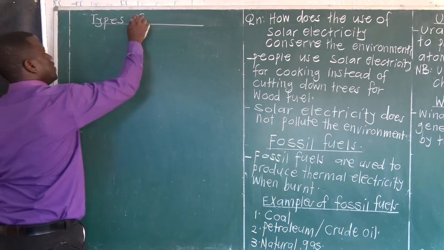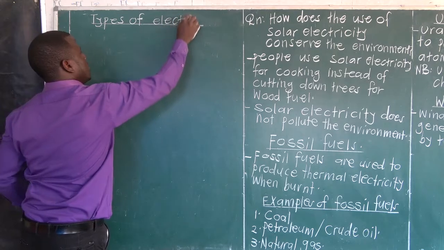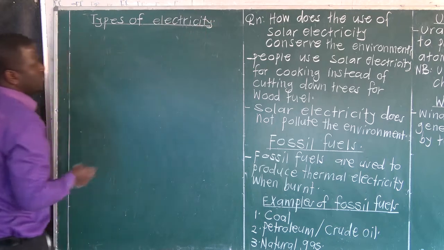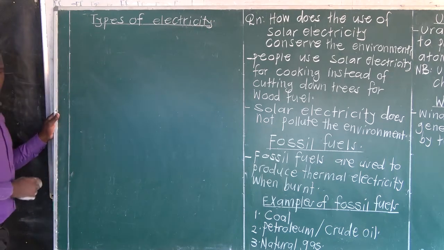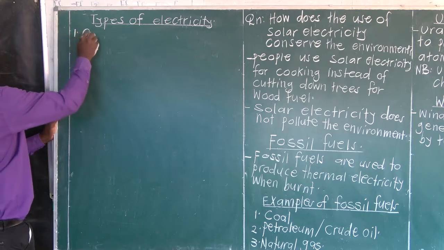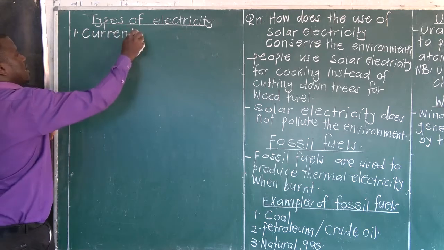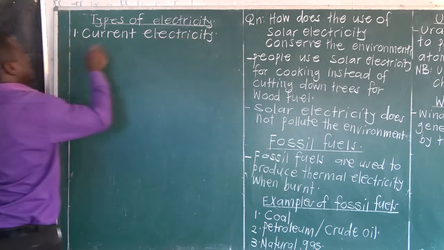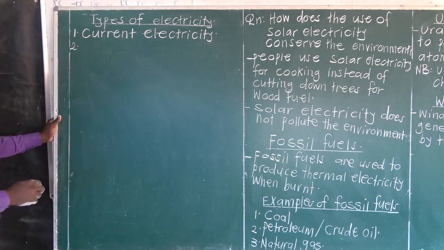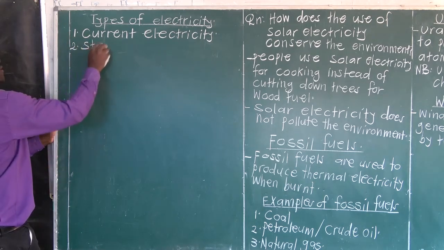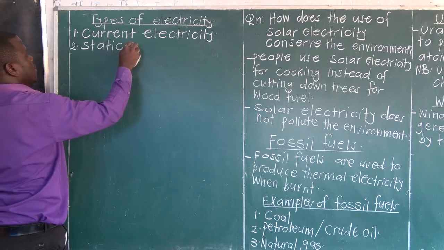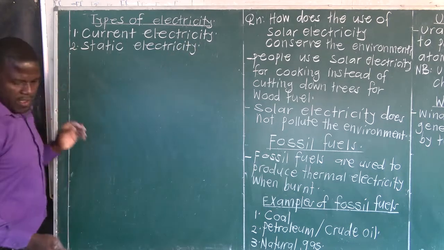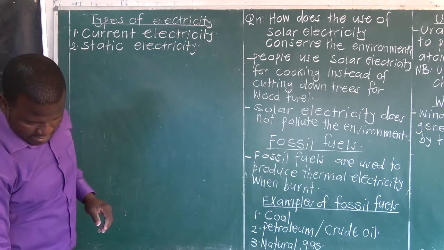One is current electricity. Number two, we have static electricity.